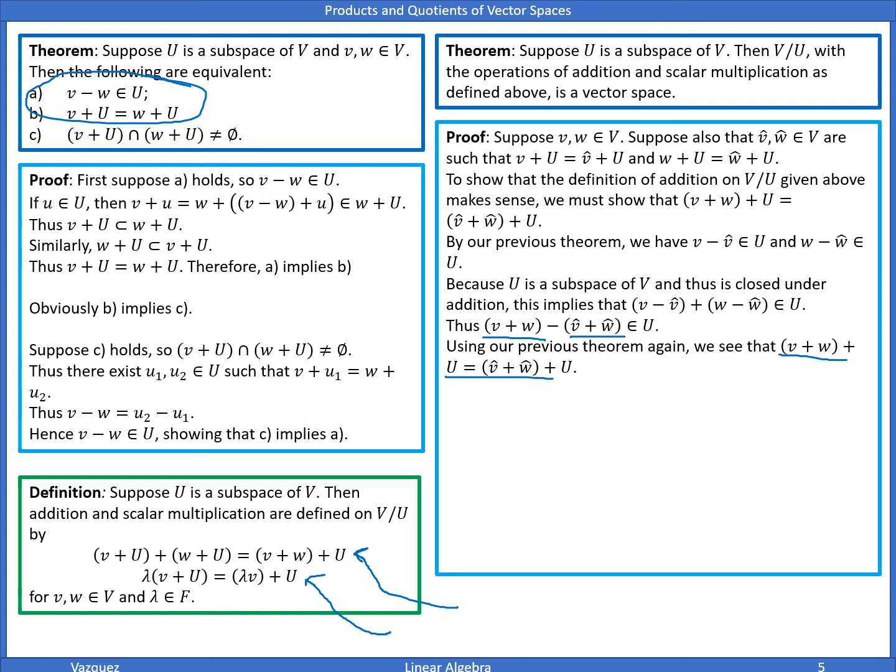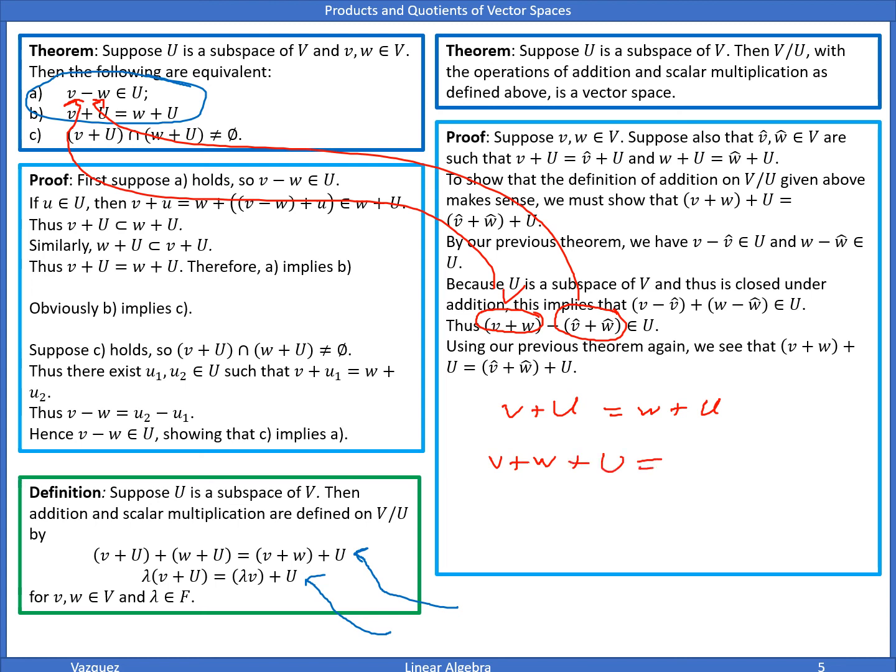So to add a bit more detail, we can just call this v as this v here, and we call this w over here, right? So that's in U. So then our B follows, right? v plus U should equal w plus U, and v is v plus w, and then plus U, which is equal, and then our w is v hat plus w hat plus U. So that's why we get this equation.